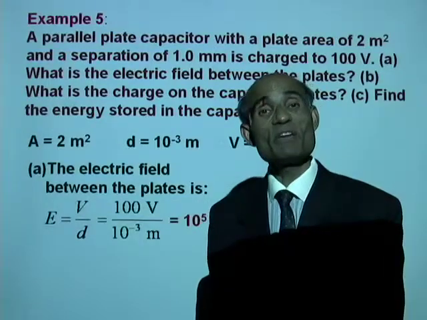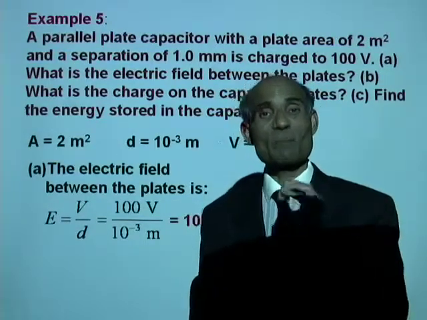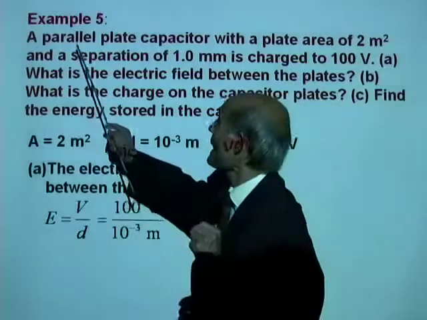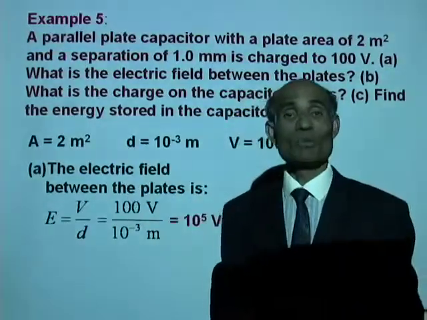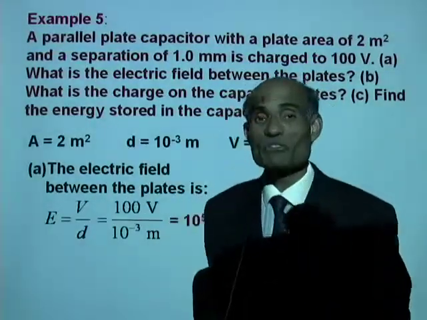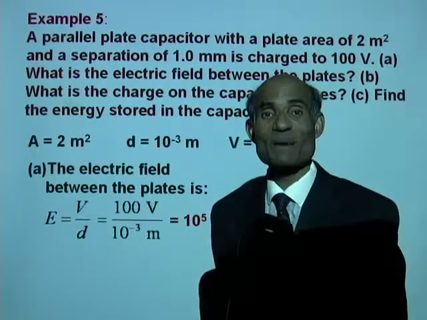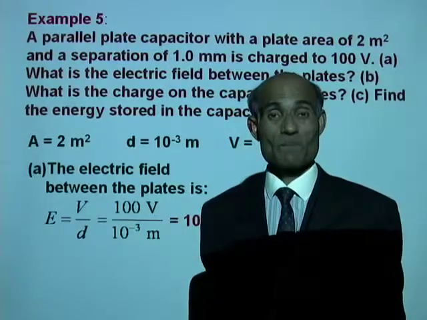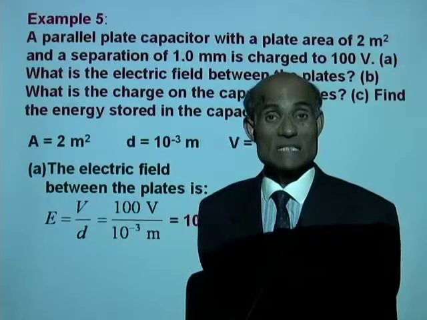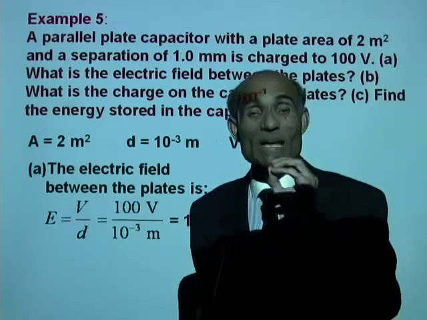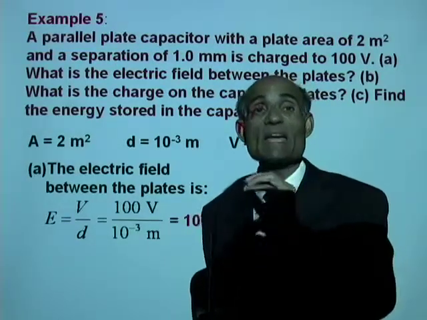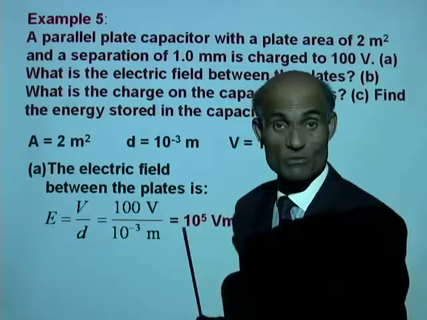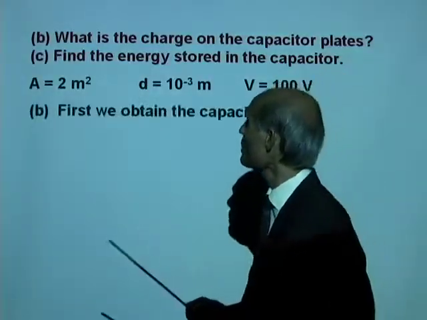Now, is there enough information here for us to find the capacitance of a parallel plate capacitor? What is the equation for the capacitance of a parallel plate capacitor? Capacitance is, all right, kappa epsilon naught A over D. Is that right? Yes, I think so.